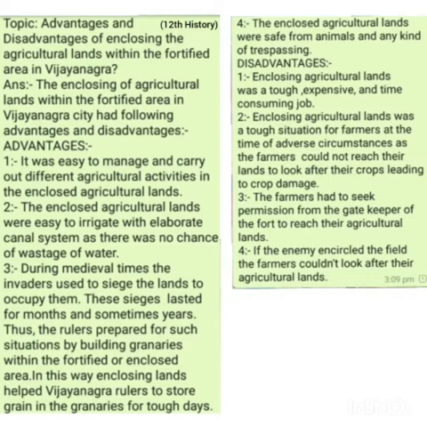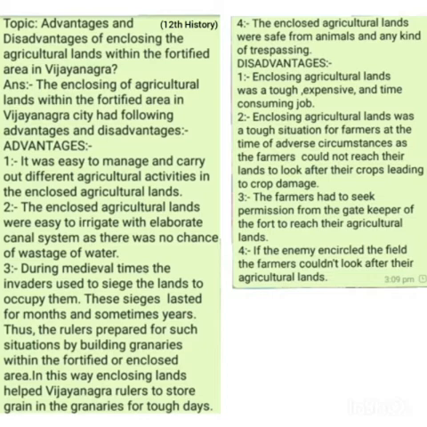Number 2, the enclosed agricultural lands enabled easy irrigation through an elaborate canal system. It is believed that the enclosed agricultural lands were easy to irrigate because these were fortified on all sides and there was no chance of loss of water, and also because these enclosed agricultural lands were provided with canals adjacent to them.